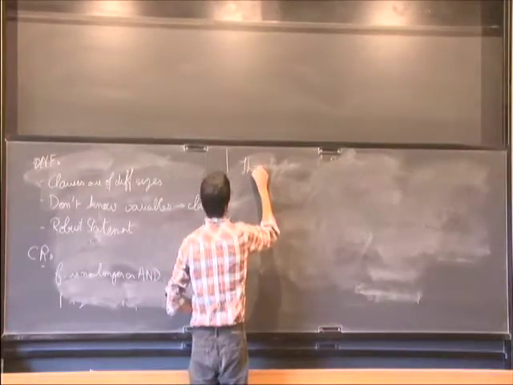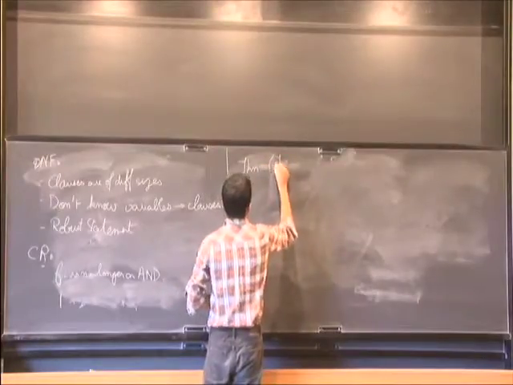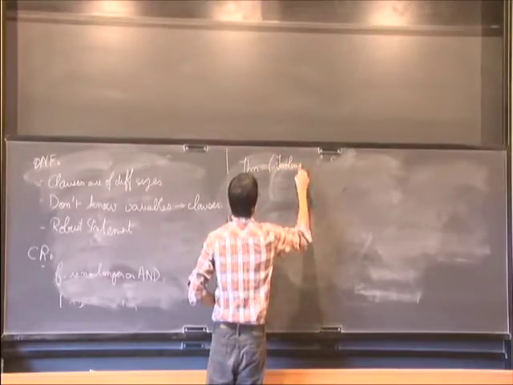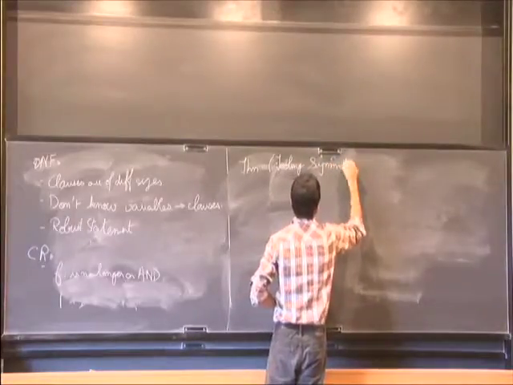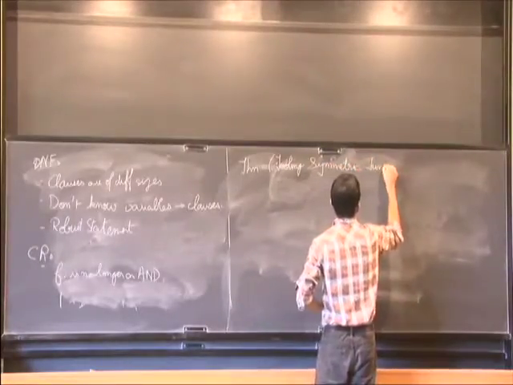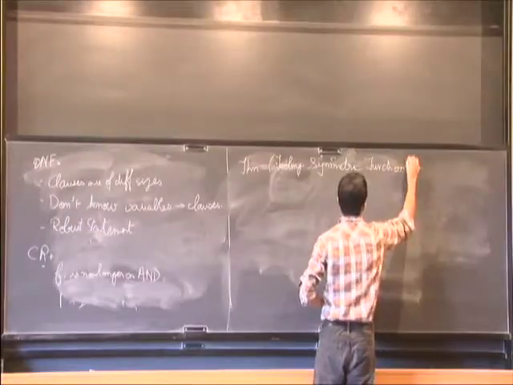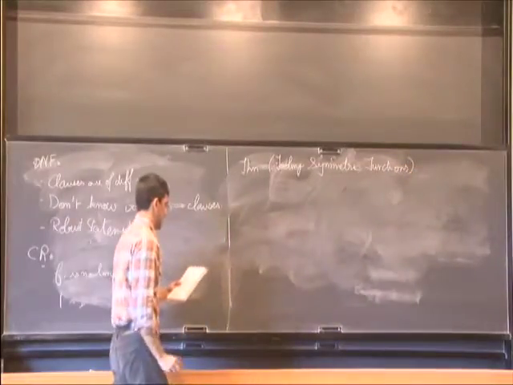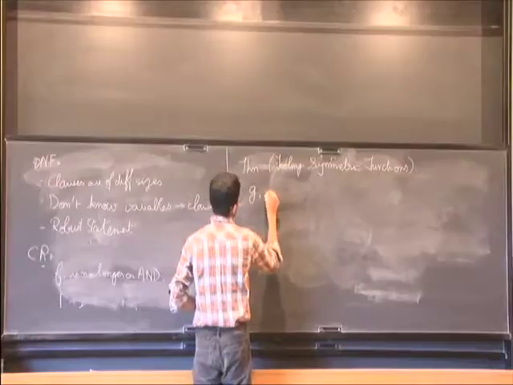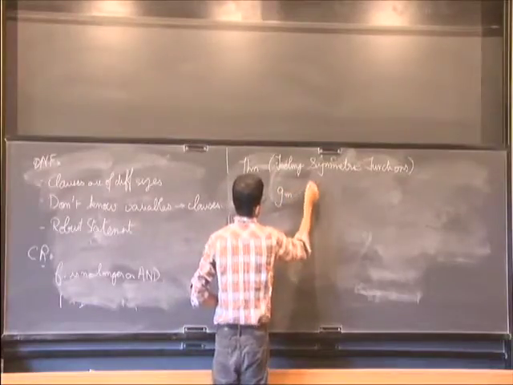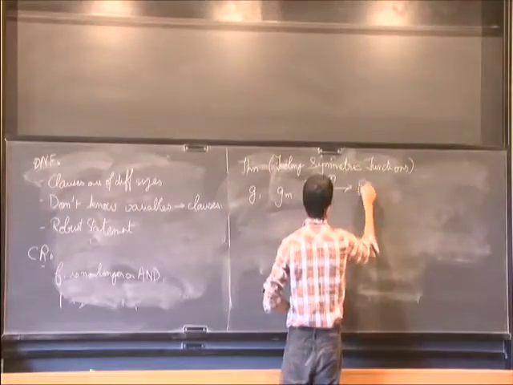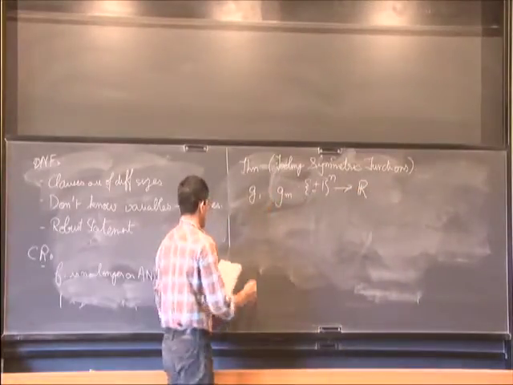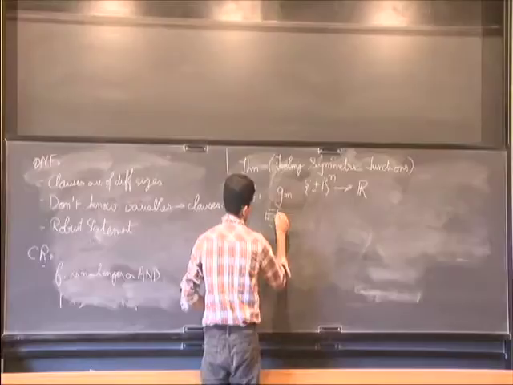So this theorem is about fooling any symmetric function of certain kinds of functions. Here is my setup. I have G1 through Gm, which are functions from plus minus 1 to R, right? These have mean 0.